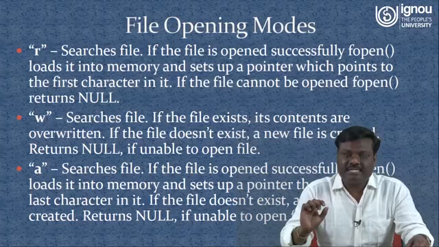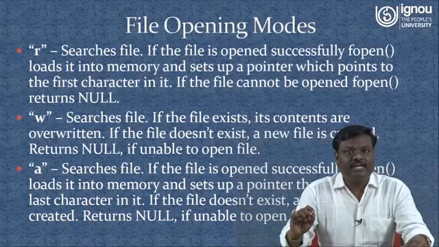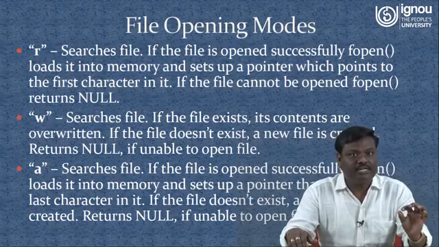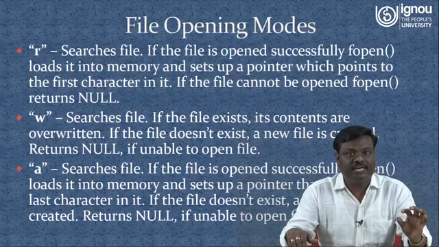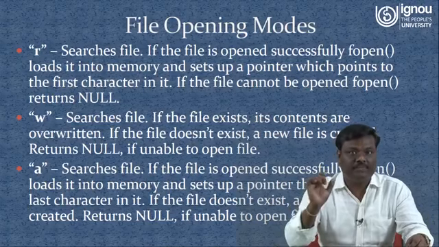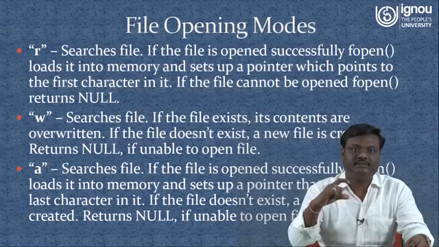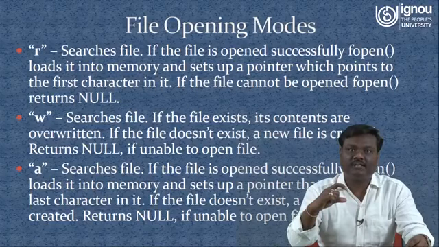When you select R as the second argument, it searches the file. If the file is opened successfully, then it is loaded to the memory and sets up the pointer, that is FILE star PTR or star FPTR, whatever you mention in the declaration part, that particular pointer will be set up as a pointer which points to the first character in the file.